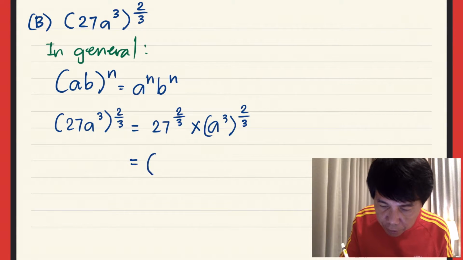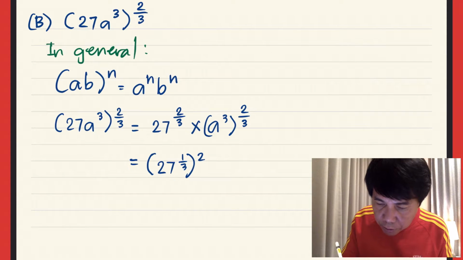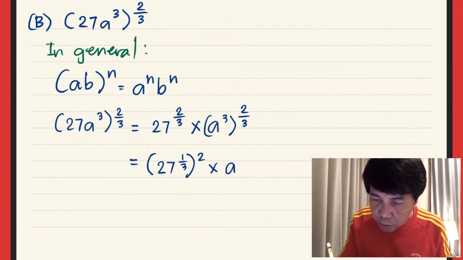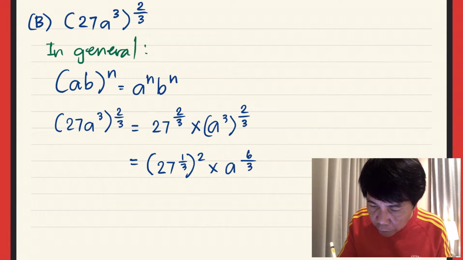Then let us have 27 raised to the power of 1/3 raised to the power of 2, times a, with 3 times 2 in the numerator, so this is 6 over 3.